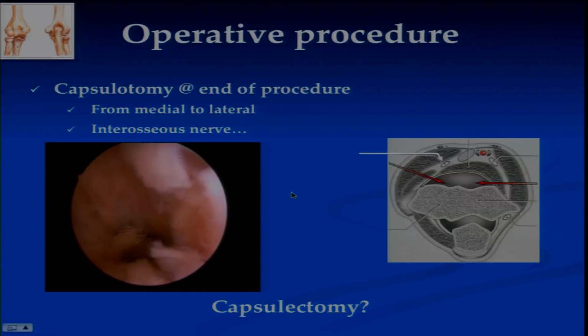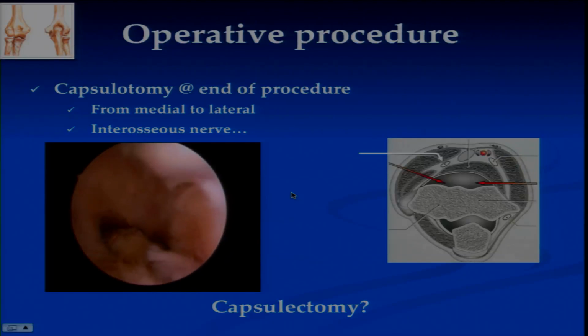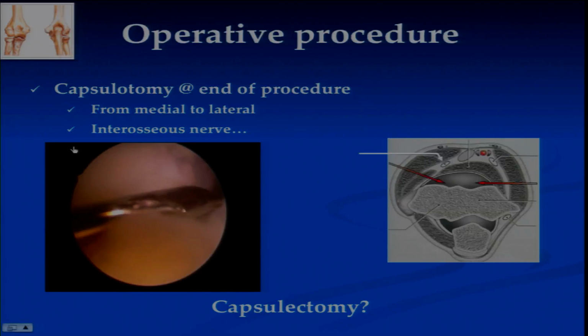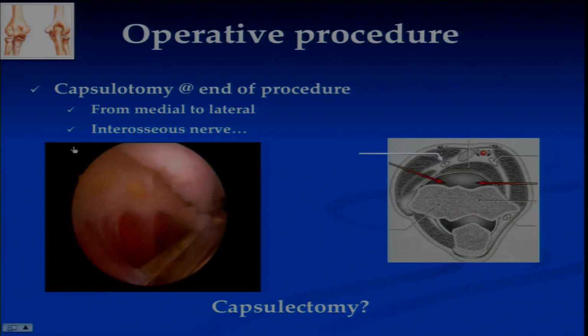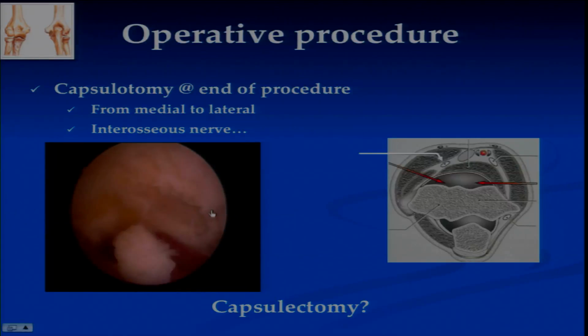The third step of the arthrolysis is the capsulotomy, which, in my experience, is done last, because when you open the capsule, of course, you let the irrigation fluid extravasate. That's why you inflate all the joint, and you see the brachialis muscle, which is just in front of the anterior capsule.